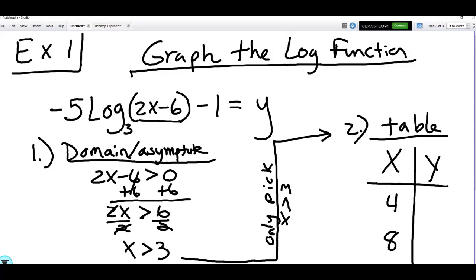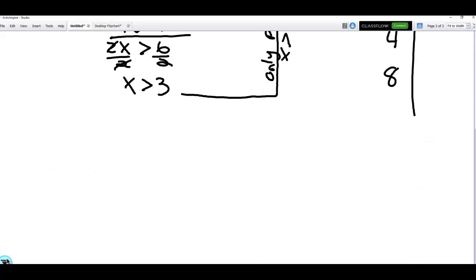So here we go. What was the log, guys? Help me out. It was -5 log base 3 of 2x, right? And we're plugging in 4 and 8.